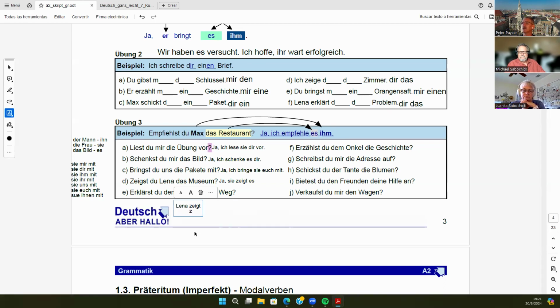The verb is zeigst. And if the ending is st, so who is doing the showing? You or the person who's speaking. So du zeigst. Du zeigst. Oh, so du zeigst. Es.